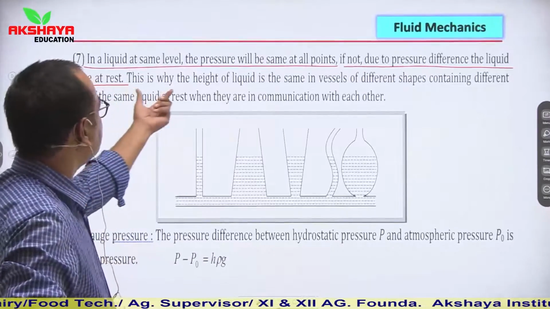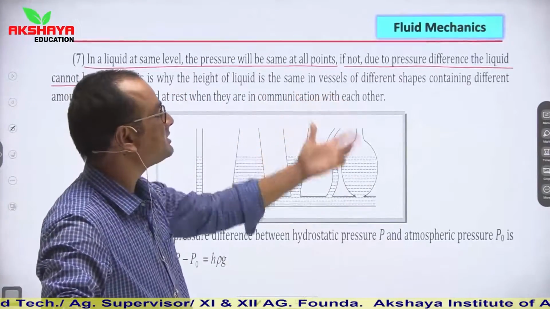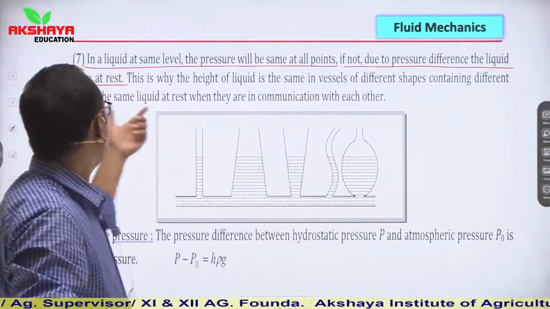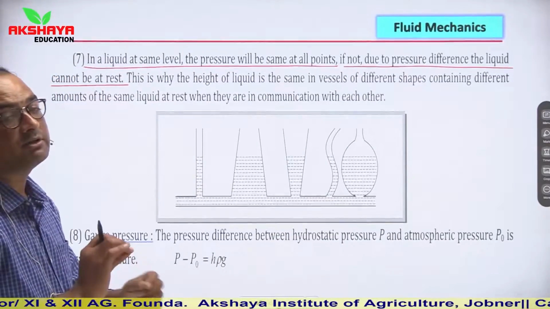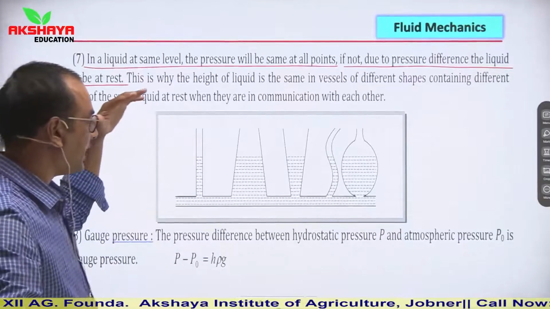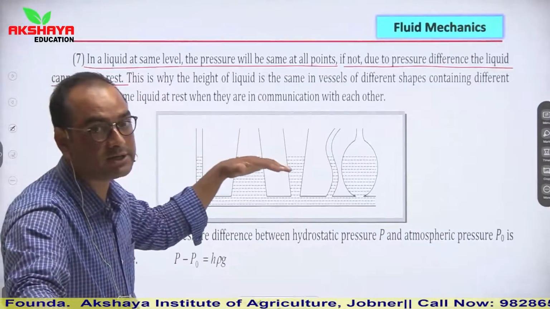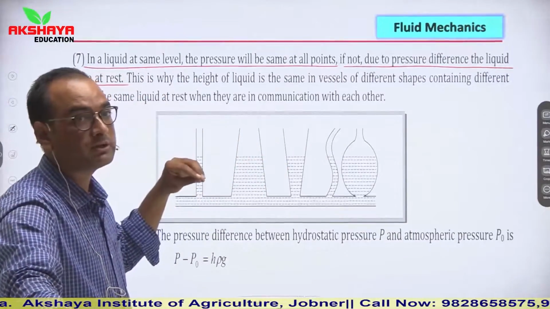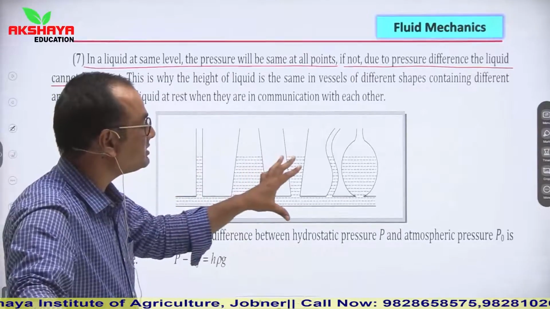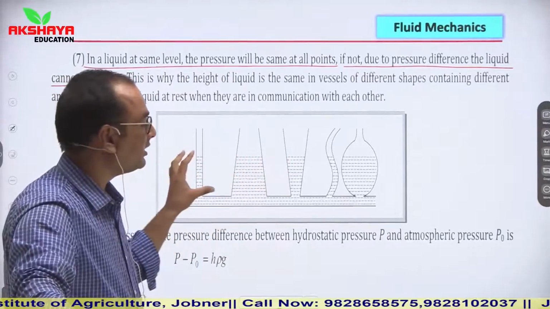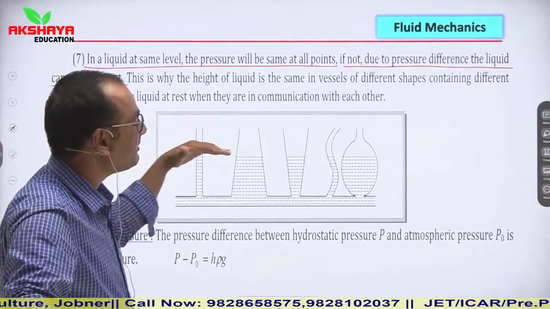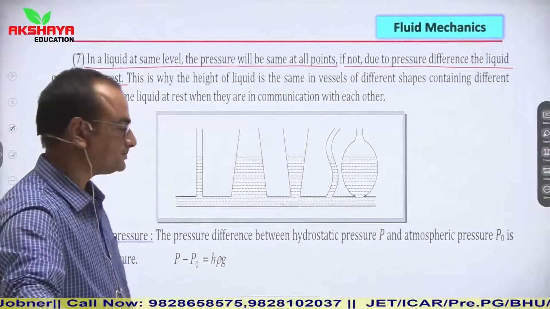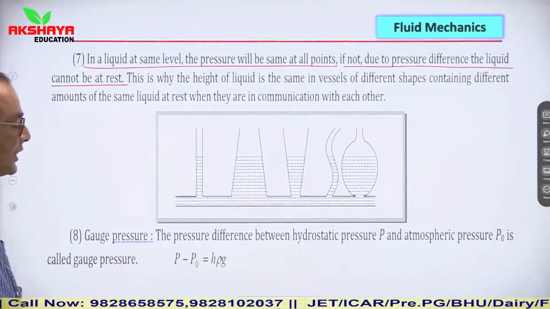This is why the height of liquid is the same in vessels of different shapes containing different amounts of the same liquid at rest when they are in communication with each other. So to keep them in a steady state, if they are connected with each other and the same liquid is filled in different containers, then there should be the same height in all liquid columns.